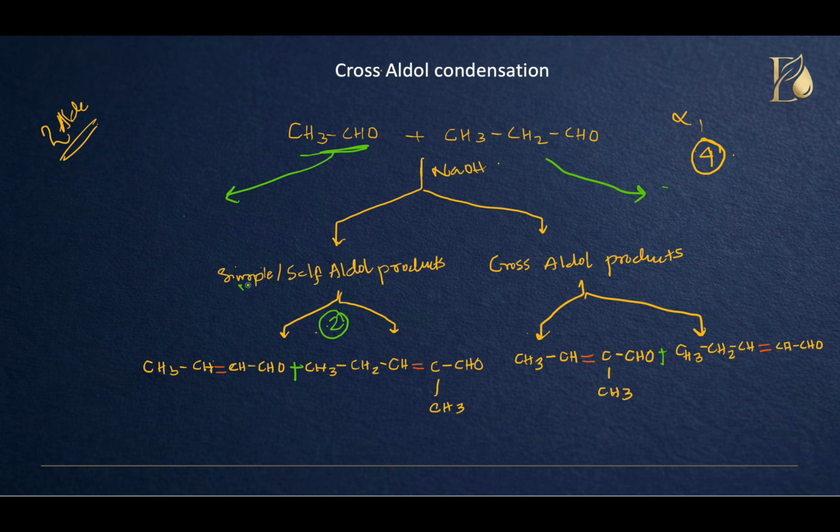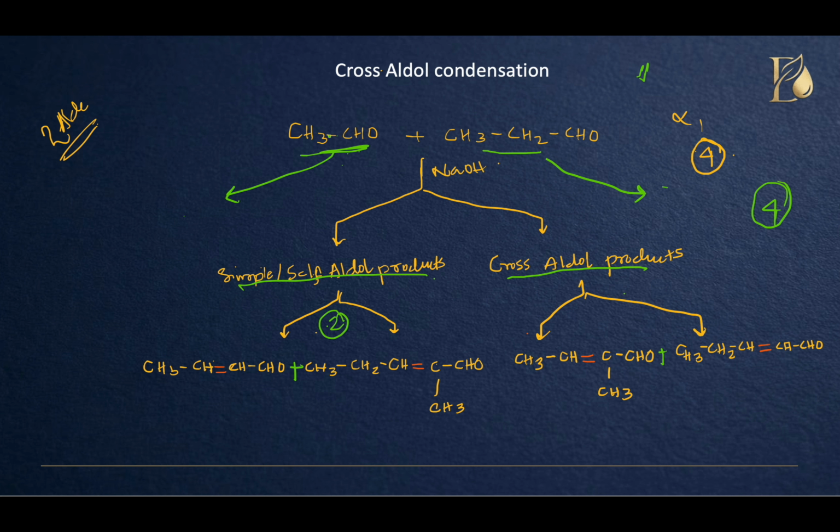Now this aldehyde can act as an enolate and attack the other aldehyde and produce one product, or the other aldehyde can act as an enolate and attack this aldehyde and produce another condensation product. Thus these 2 products are cross aldol products. So in total there are 4 products for cross aldol condensation if both of the aldehydes have alpha hydrogen.